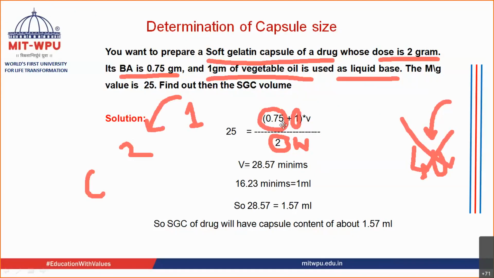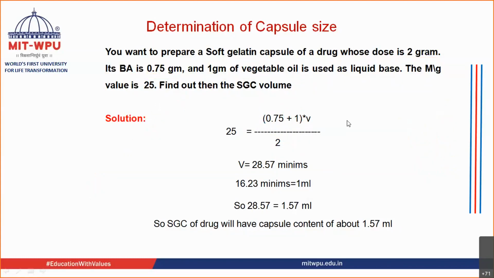Now the question is, the Minimum Gram factor after calculation is 25. The calculations you have already done. You have found out the Minimum Gram factor. Now what you want to find out is the volume of SCG, how much volume of SCG is required.